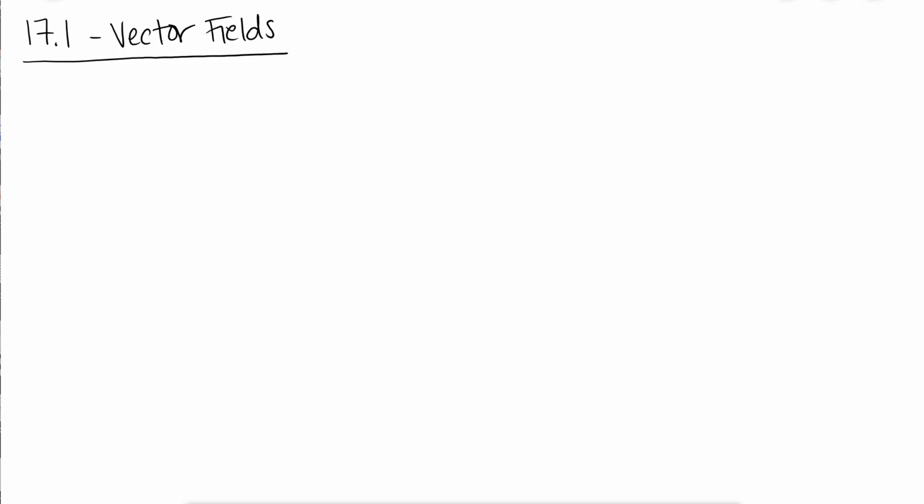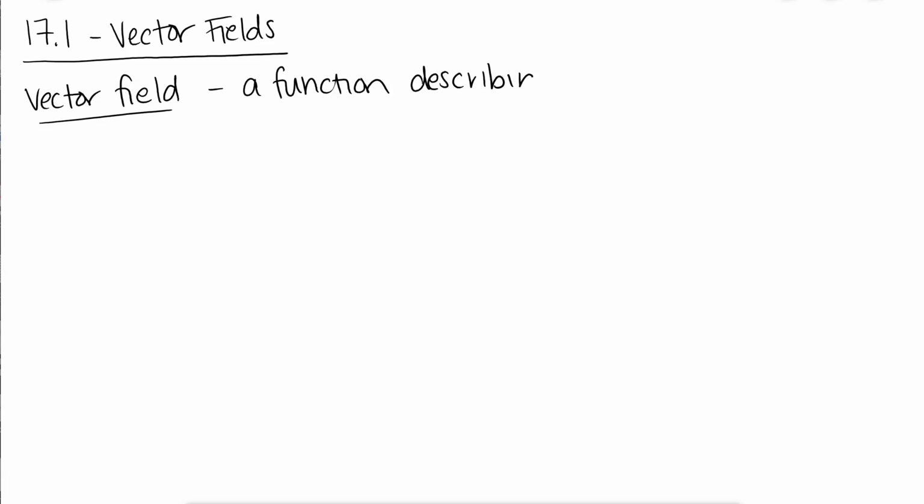But a vector field basically, let's just define it kind of, not formally, we'll have a formal definition for it. But a vector field really is just a function describing a collection of vectors.